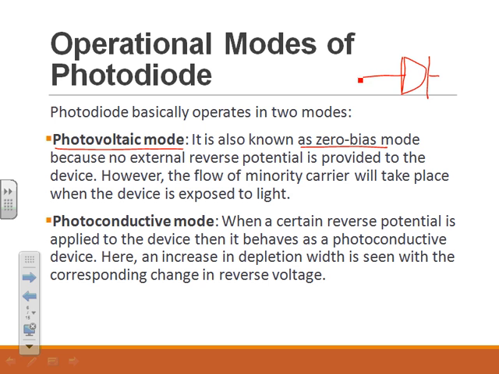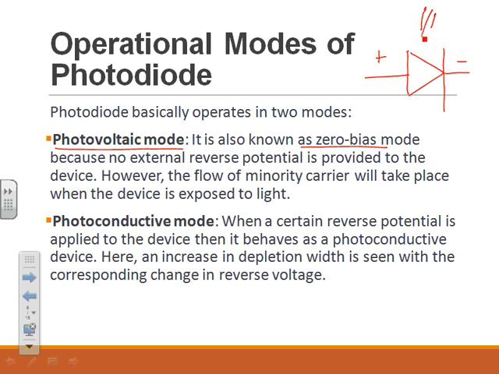A diode has two terminals, a positive terminal and a negative terminal, that is, p-type and n-type. A battery also has two terminals, positive and negative.